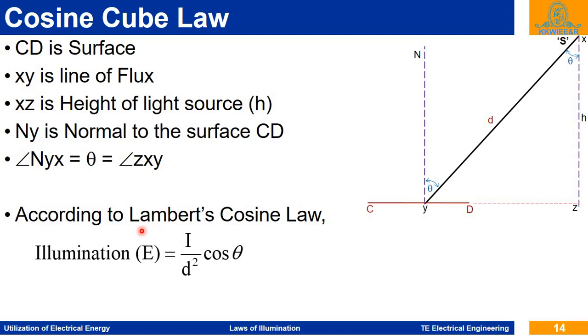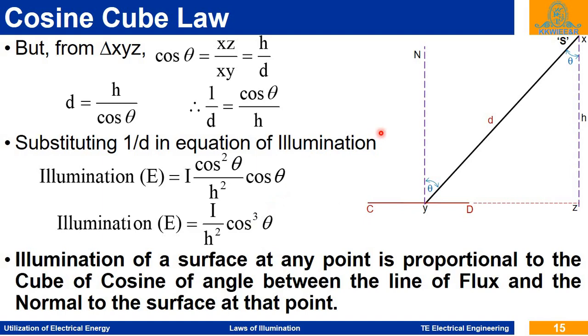So according to the Lambert's cosine law, illumination E is equal to I, intensity of light source, upon distance square multiplied by cosine of this angle theta. So this is the illumination on the surface CD at point Y, which is equal to I upon d square cos of theta. So from this diagram, there is a right angle triangle XYZ, and from this right angle triangle XYZ, we can write down cos of theta is equal to XZ adjacent side.